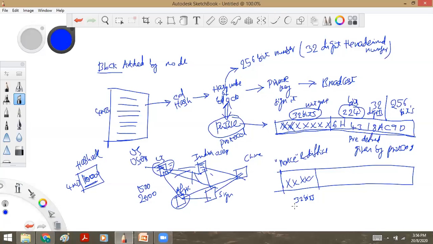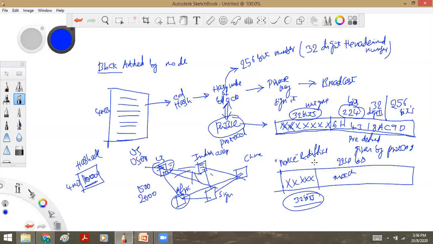Now 32 bits is something which can vary, but 224 bits should match. Now if the hash value generated by US node is matching majorly, at least to the extent of 32 bits, then the puzzle is deemed to be solved.